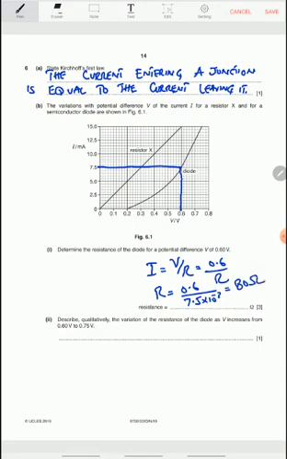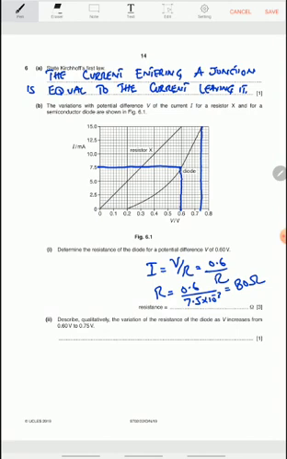Now, the next question is describe qualitatively the variation with V of the resistance of the diode as V increases from 0.6 to 0.75 volts. If we look at the graph itself, at 0.75 volts, the current is close to 15 milliamps. So the relationship says 0.75 divided by 15 times 10 to the power minus 3.